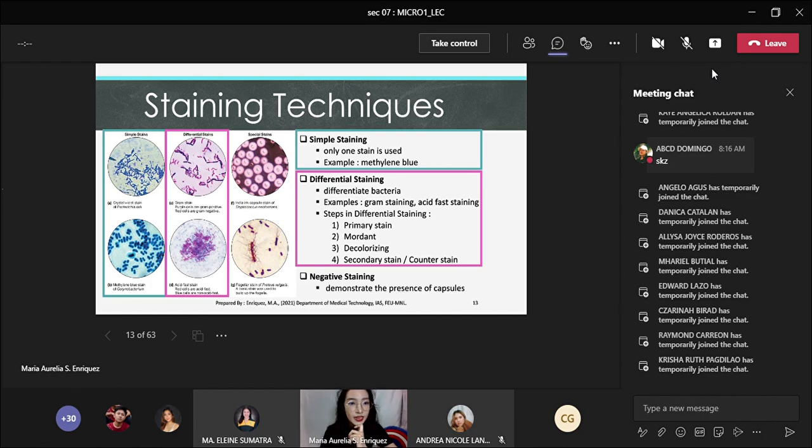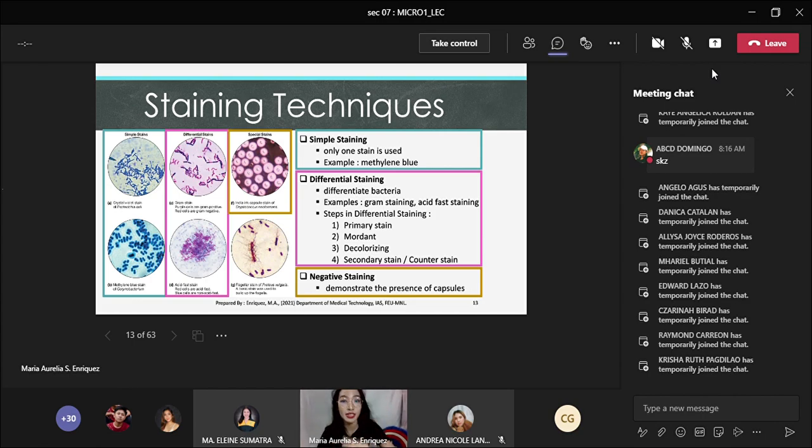Next is negative staining. So negative staining, this is utilized to demonstrate the presence of diffused capsules that is surrounding the bacteria. So as we can see here in this example, pwede rin po itong gamitin sa mga fungi. So kaya po siya tinawag na negative staining is dahil baliktad po yung mangyayari.